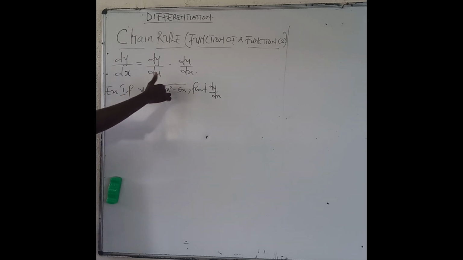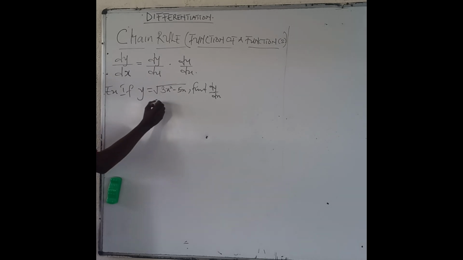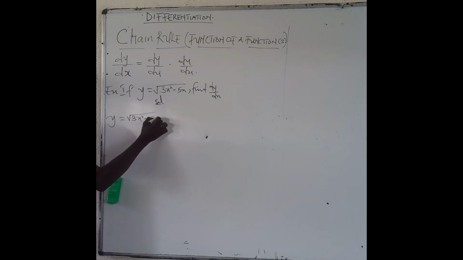but until you take the square root back to its power, you can't know it's a function of a function. So, solution. y is equal to the square root of 3s squared minus 5s.